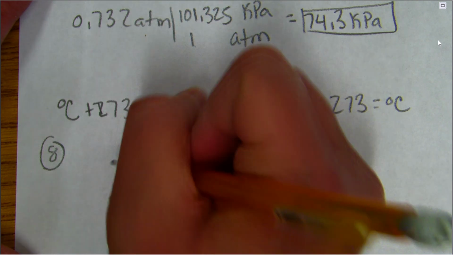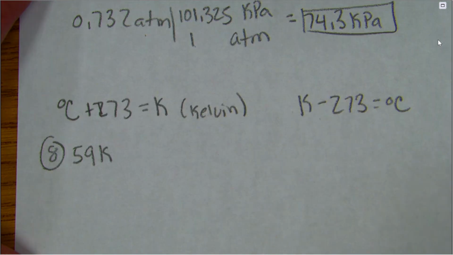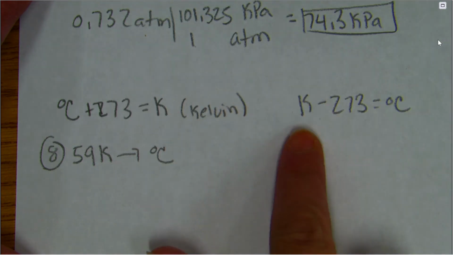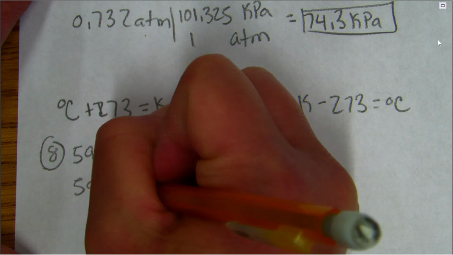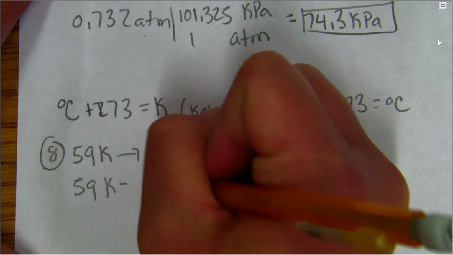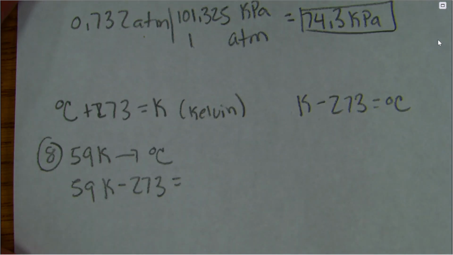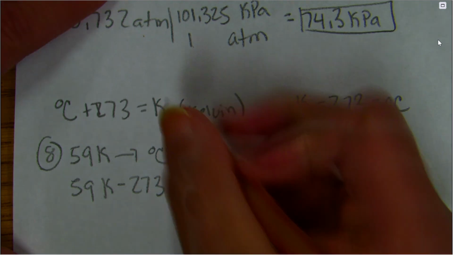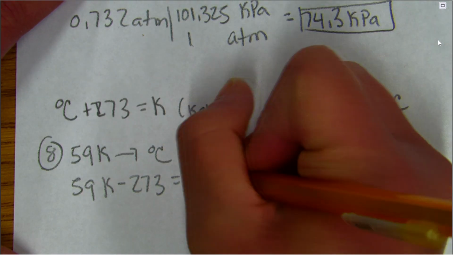So looking at number 8, if you have 59 Kelvin, how many degrees Celsius is that? So to go Kelvin to degrees Celsius, we are simply going to subtract out 273. And so when you plug this into your calculator, you get negative 214 degrees Celsius.